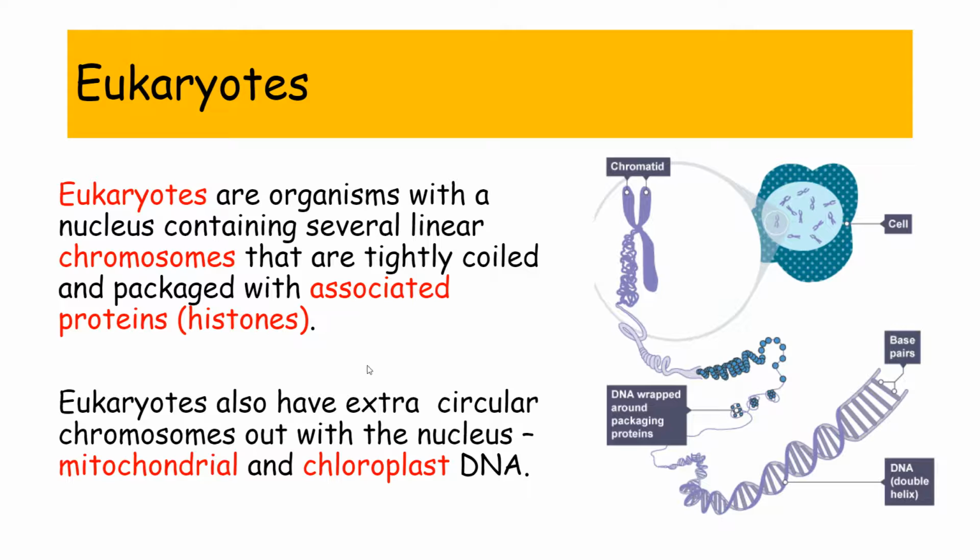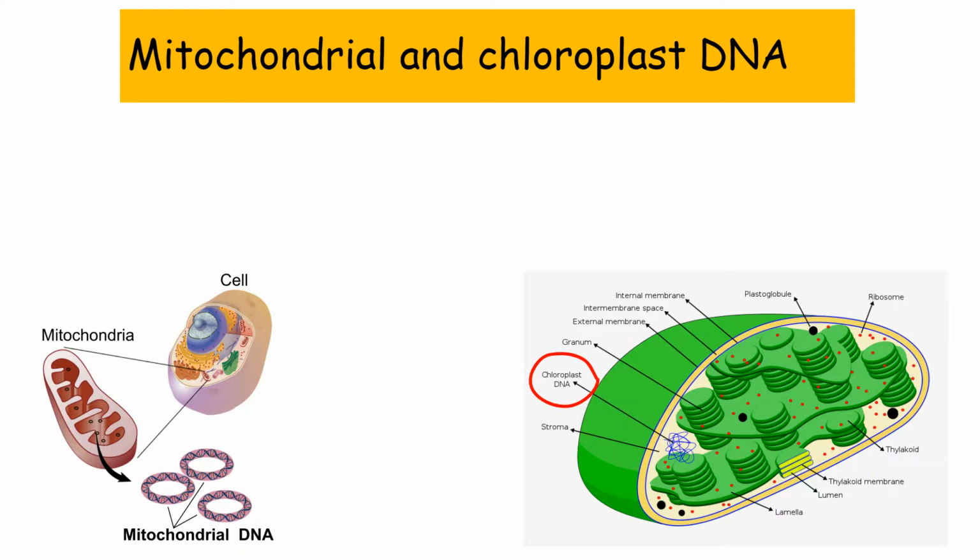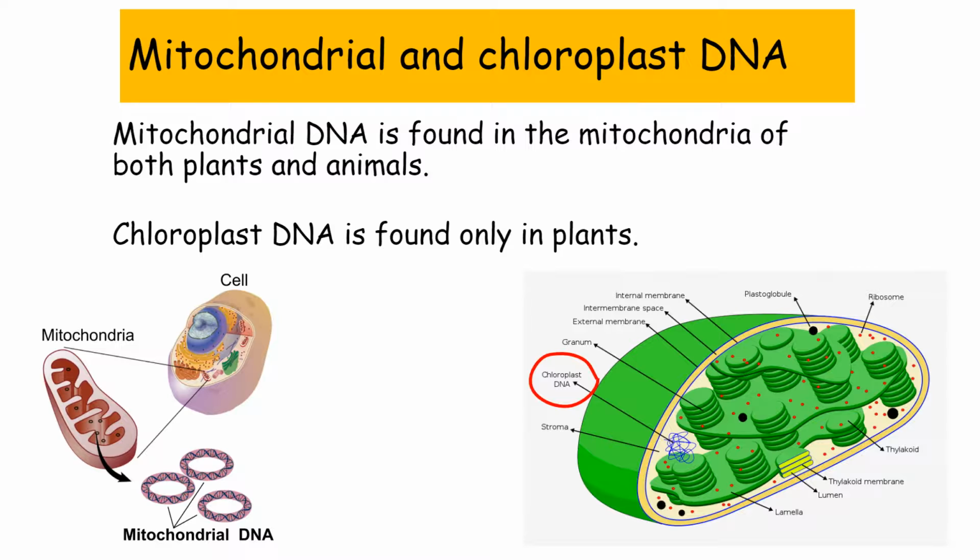As it says here, eukaryotes also have extrachromosomal DNA outside the nucleus, mitochondrial and chloroplast DNA. So we're going to look at diagrams of each. Your mitochondrial DNA is found in the mitochondria of both plants and animals.